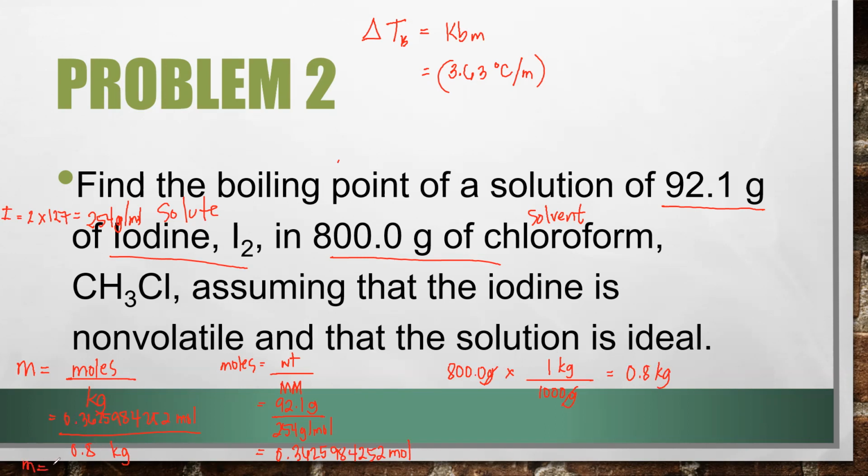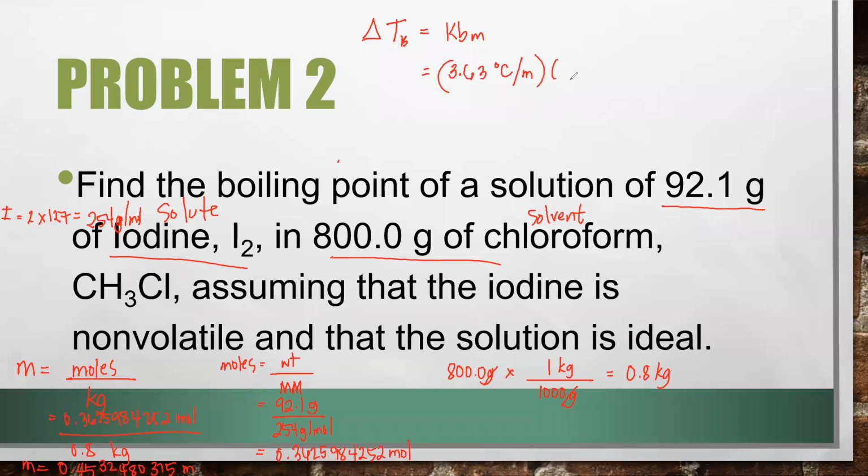Wala na kayo space. So 0.3625984 divided by 0.8. The answer is 0.4532480315 moles per kilogram, or we can simply write small letter m. So we have now the molality, class.